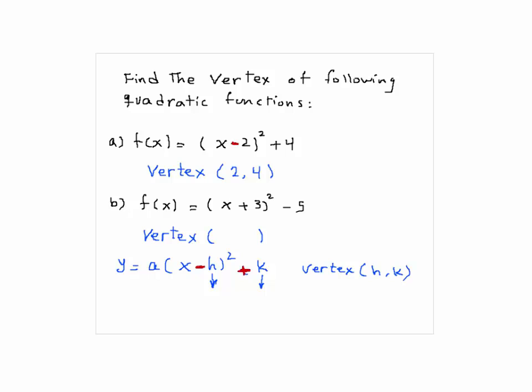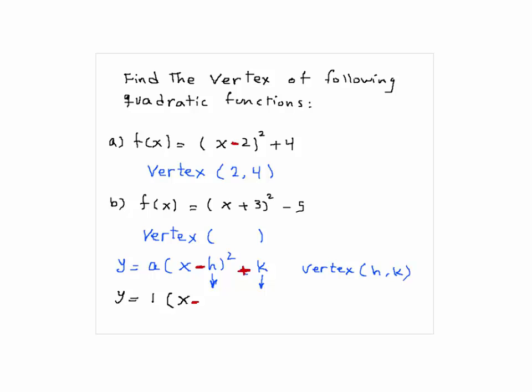Amelia, you want to tell me what is the position of the vertex? -3, -5. Very good. It's -3, because if I were going to write the second equation, that would look like this general form. That would be x minus, this is a minus as part of the formula, right?